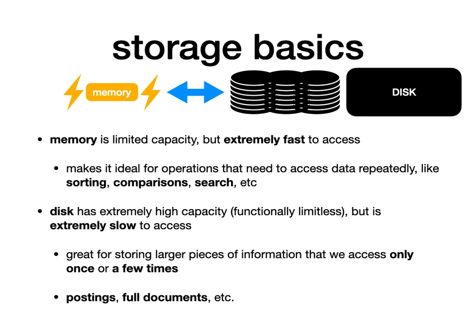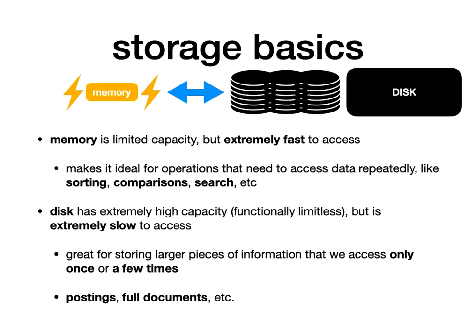So it's good for storing larger pieces of information that you only access once or a few times. We might store documents there, or our incredibly large list of postings, because we only need to access postings once we've got a query to work on. You don't need to hold that in the lightning-fast memory.